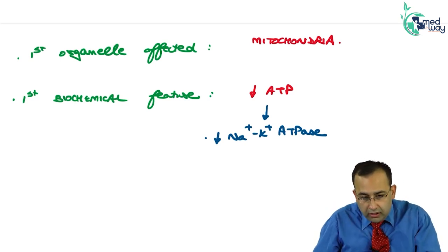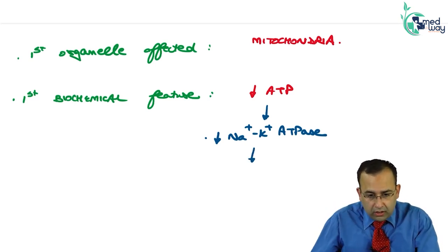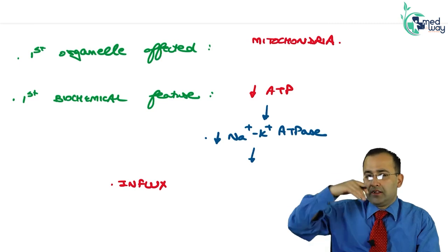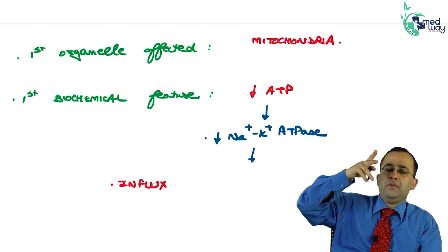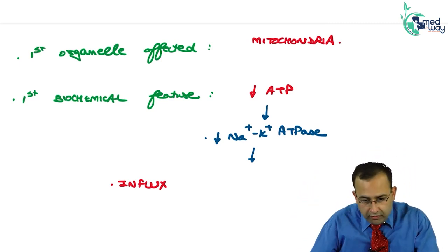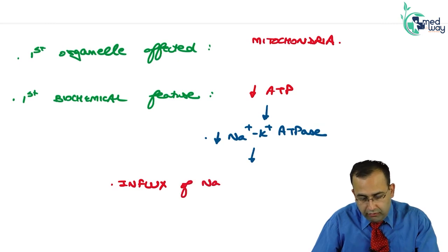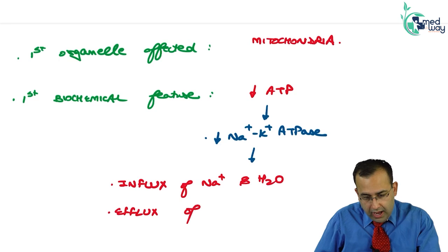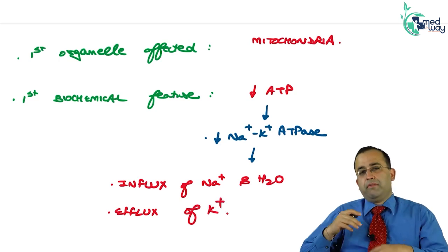This in turn leads to influx of sodium, which was more extracellularly. अगर ATP नहीं है तो it causes influx of sodium and water and efflux of potassium.